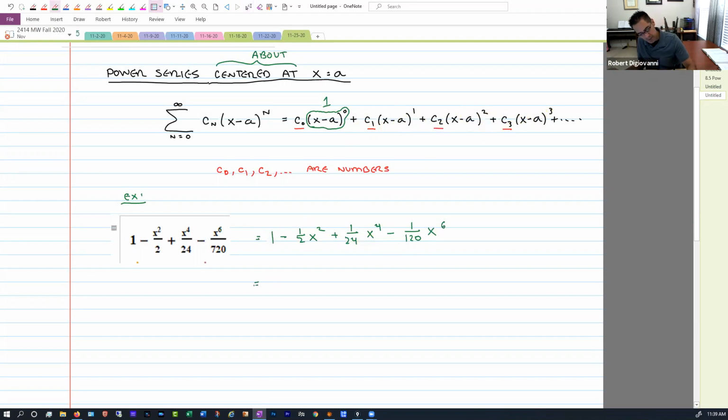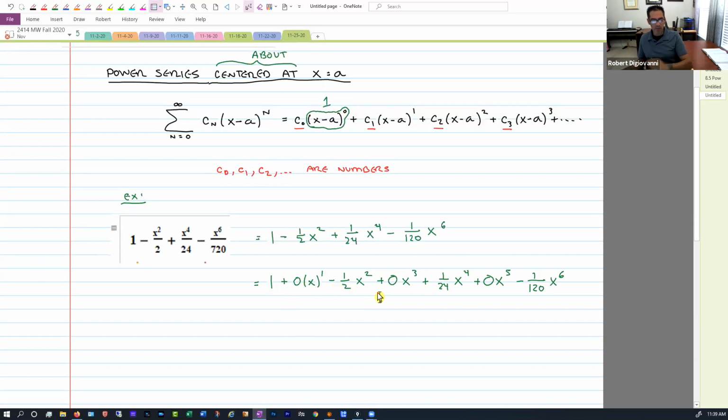So we would have to see this as being like 1 plus 0 x to the first power minus 1/2 of x to the second power plus 0 x to the third power plus 1 over 24 x to the 4th plus 0 x to the 5th minus 1 over 120 x to the 6th.